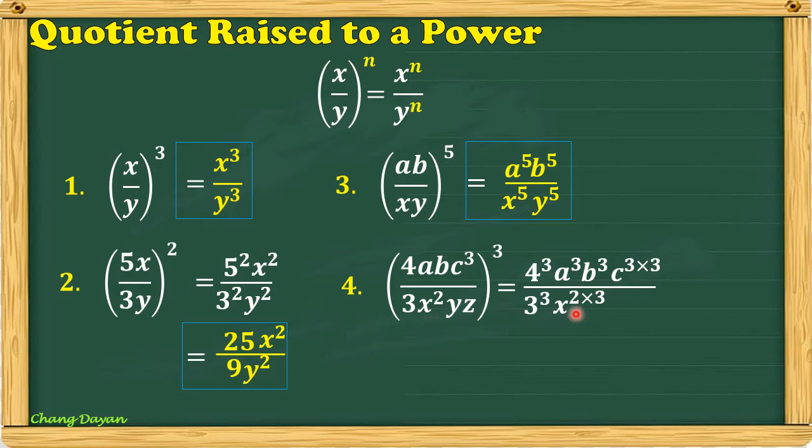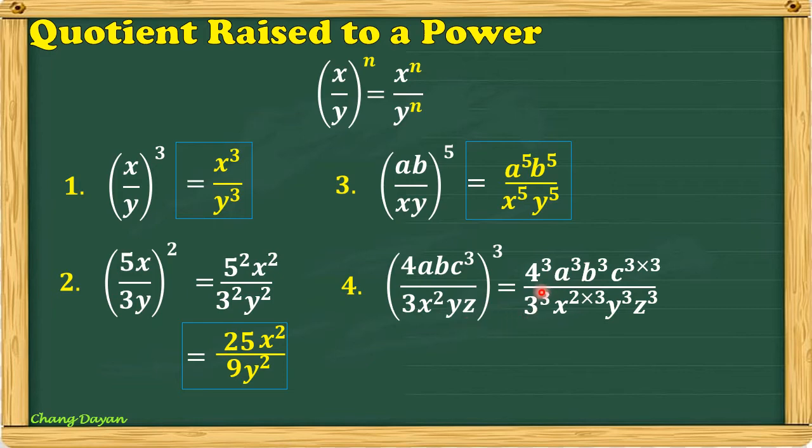Ang 2 po ay galing dito sa loob. And then yung 3 ay galing dito sa power of the quotient. Next, copy y. Erase din natin sa 3. Ganun din ang z. Now, let us simplify.